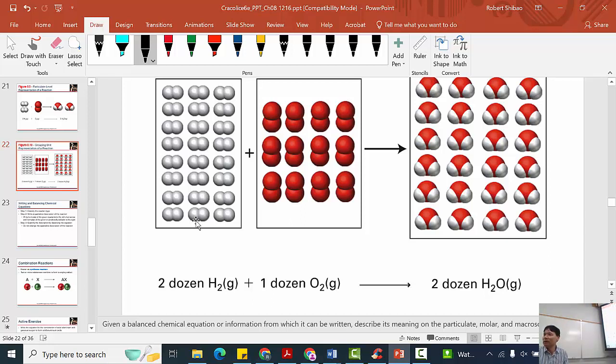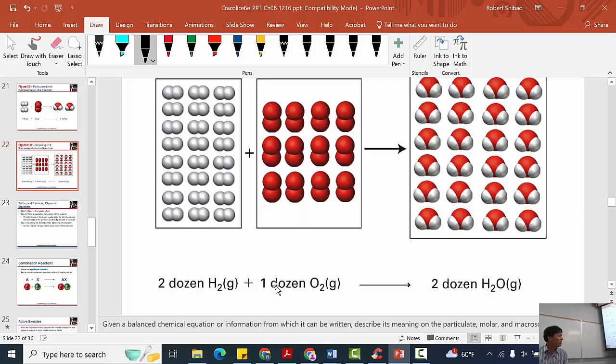Give me a number. 2 moles of hydrogen molecules consists of how many hydrogen molecules? 12 times 10 to the 23rd, which would be huge. Too many to draw, but we could say 2 moles.